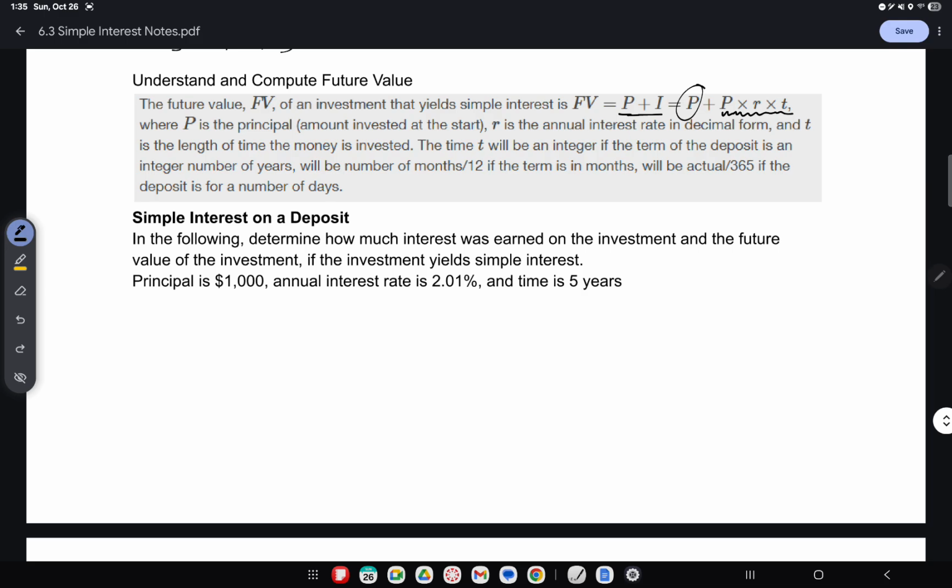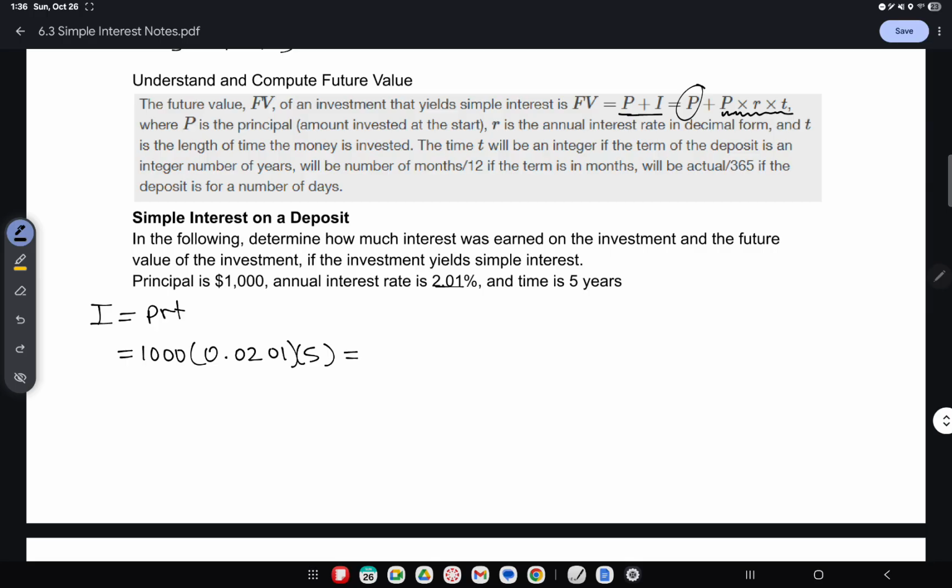So it says in the following, determine how much interest was earned on the investment and then find the future value. So the interest is still that PRT, so 1,000, an annual rate of 2.01%, so 0.0201, and then 5 years.